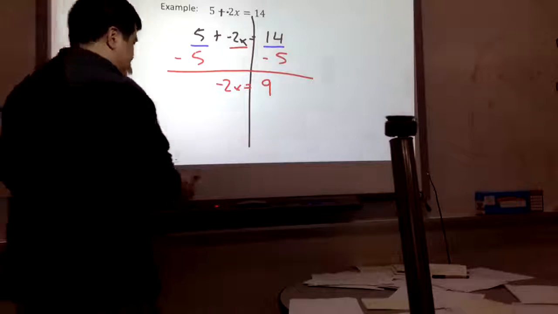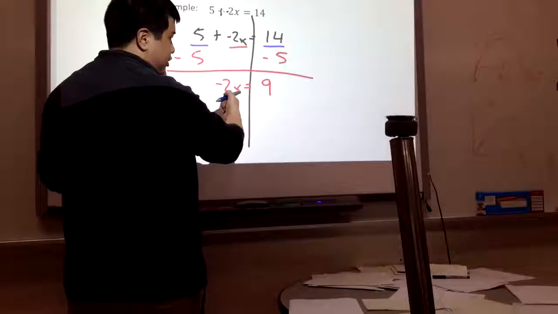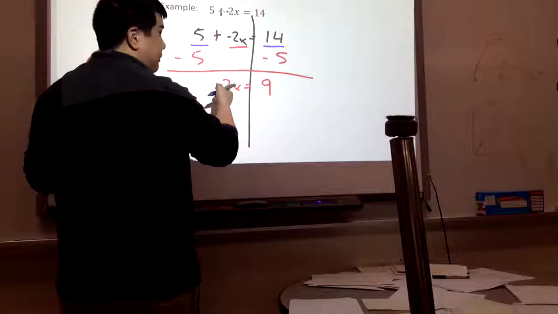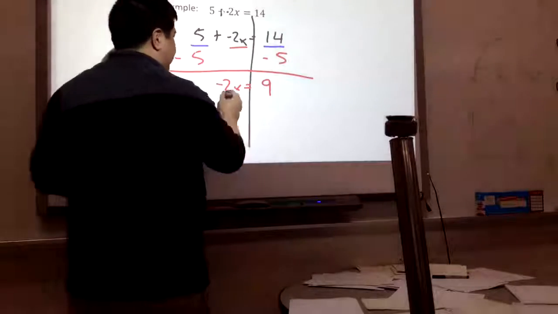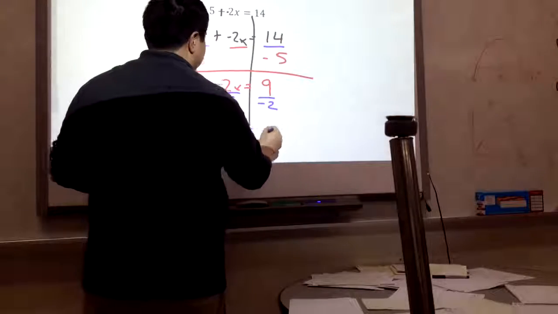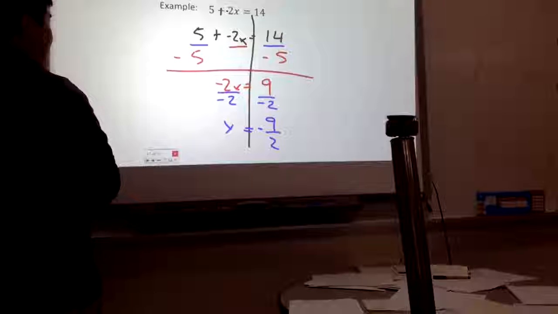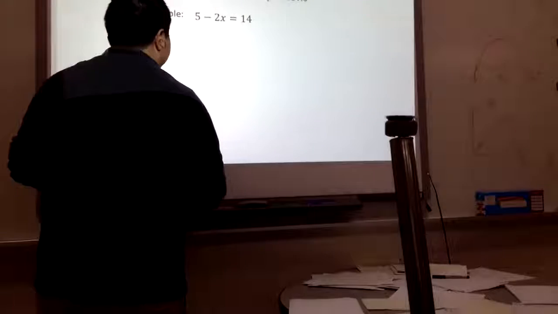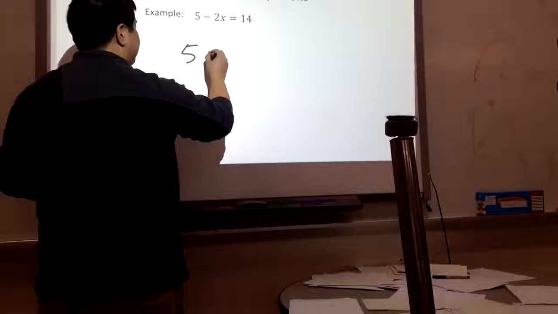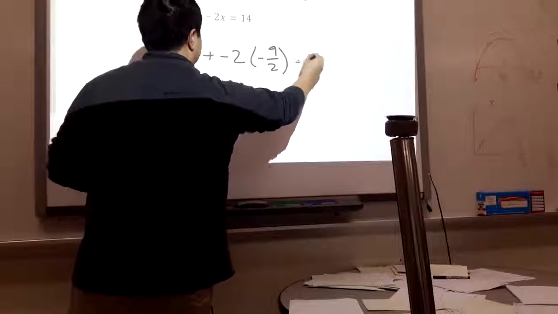Now, we're going on to step 3, which is to isolate this x by doing the opposite of what it's currently doing, which is being multiplied by negative 2. We're going to divide by negative 2. Again, x just happens to be negative 9 halves. So, let's try that out again. 5 plus negative 2 times negative 9 halves equals 14.